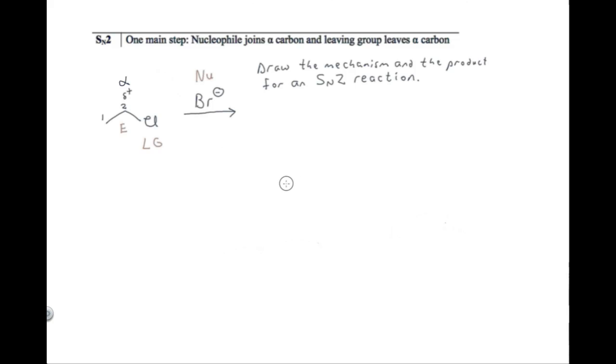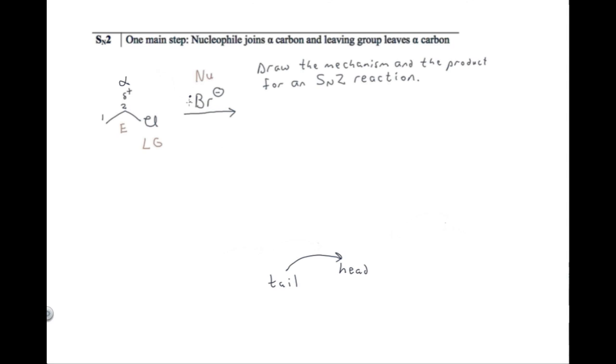So how do we draw the electron-pushing arrows for that? Well, remember that every electron-pushing arrow has a head and a tail. So how do we draw the head and the tail of the electron-pushing arrow to show the nucleophile joining the alpha carbon? Should this nucleophile go at the head or the tail of an electron-pushing arrow?